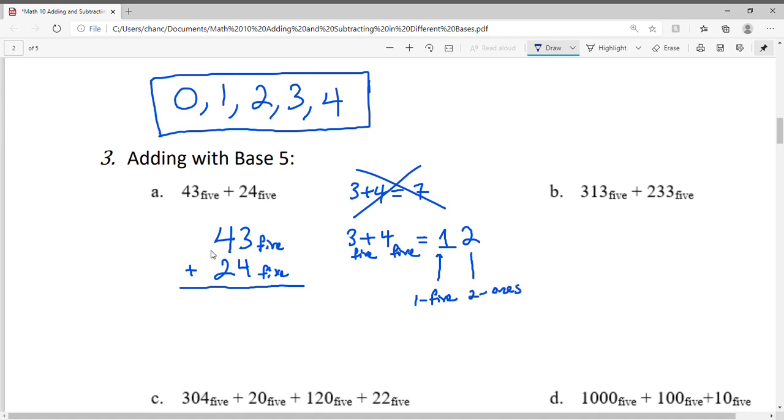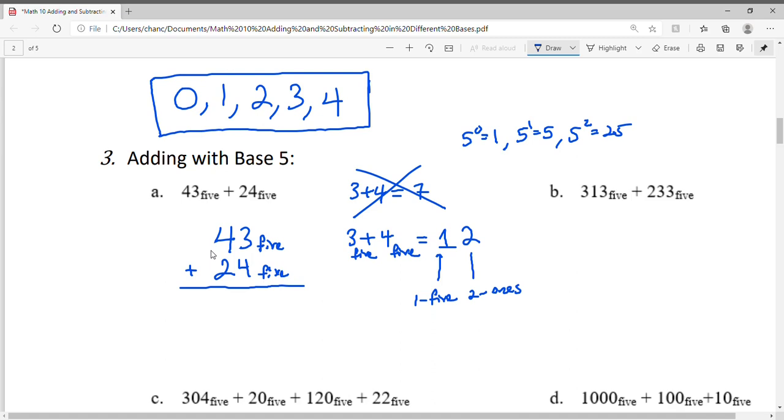Remember, we're talking about base 5, so the powers of 5 are 5 to the 0, that's equal to 1. 5 to the 1 equals 5. 5 squared equals 25. So the first one represents the 1s, the next one represents the 5s, and then we have the 25s, and so on. Just like in base 10, you have the 1s, the 10s, the 100s. They're all powers of 10. Here we have all powers of 5.